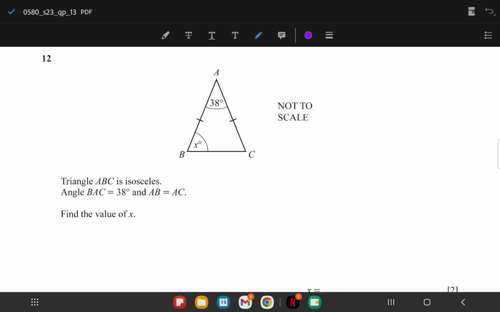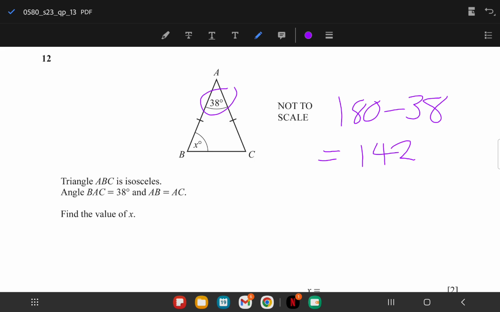So the first step is to go 180 minus this 38 that we have over here, so that we find what B and C are together. So 180 minus 38, enter that into my calculator. That is 142.